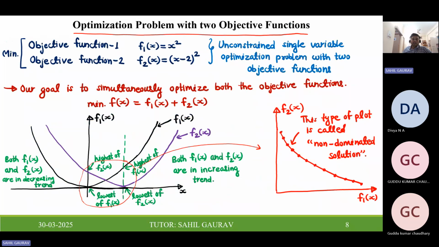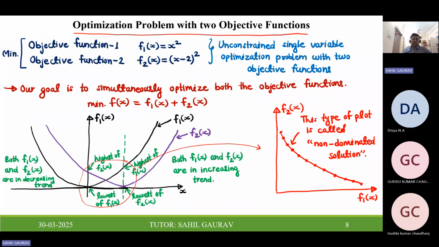So within these points we have to choose the optimal solution. Beyond the y-axis, both f1(x) and f2(x) are in a decreasing trend, so we will not get the solution. While beyond this dashed green line, both f1(x) and f2(x) are in an increasing trend, so we also do not choose the solution beyond this point. So within these points we can determine the solution.